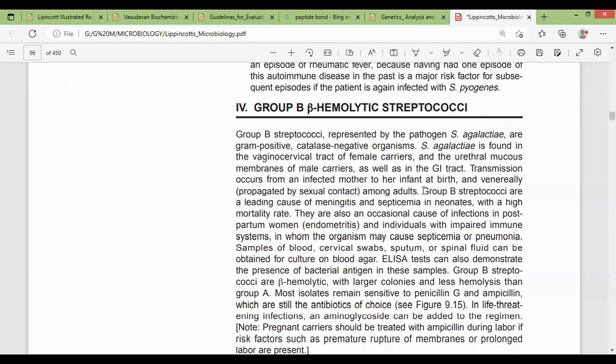That's its unique thing. It's a leading cause of meningitis and septicemia in neonates. So that's the major thing I want you to remember with Strep agalactiae: it does cause meningitis in neonates. Okay?